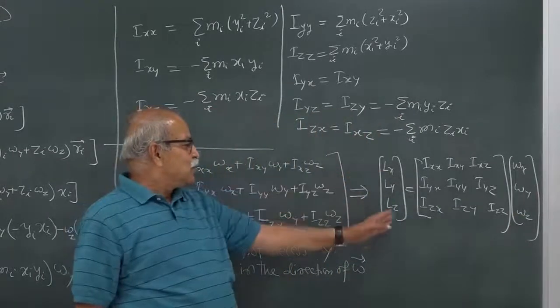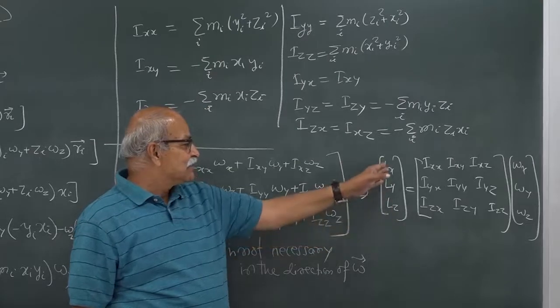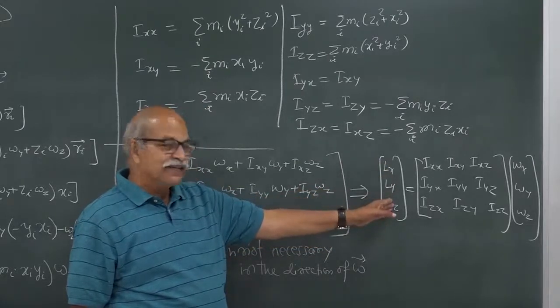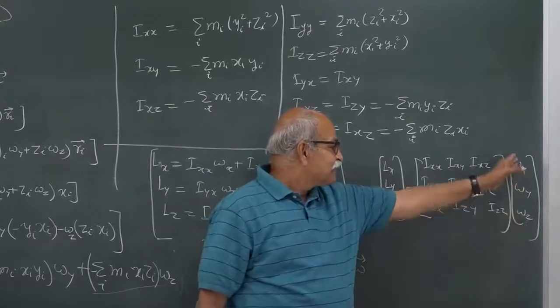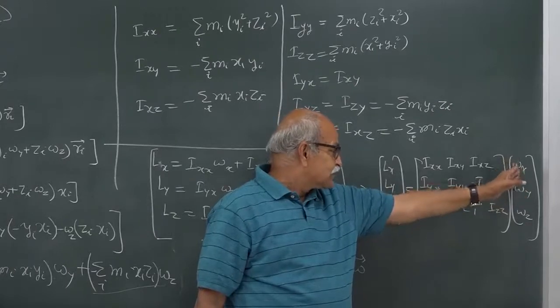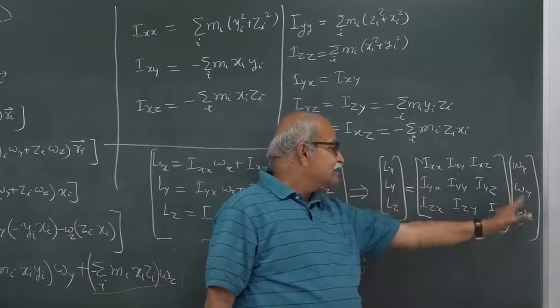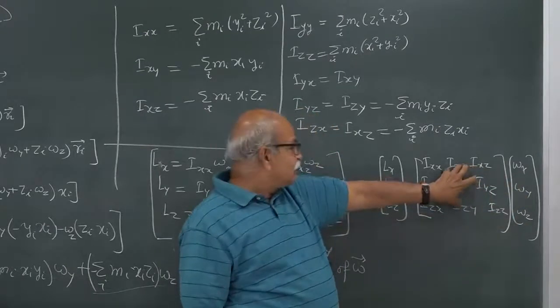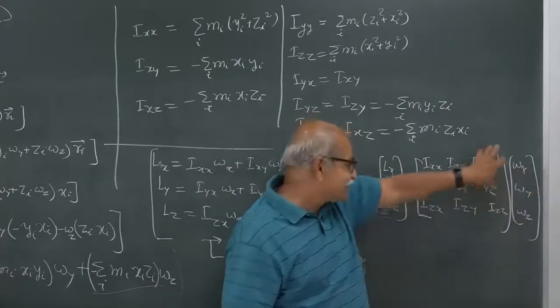So, this whole column matrix gives you the 3 components of angular momentum vector, and here you have this column matrix giving the components of the angular velocity vector omega. The relation between this and this is like this. It is not L is equal to some constant times omega, right, it is this.